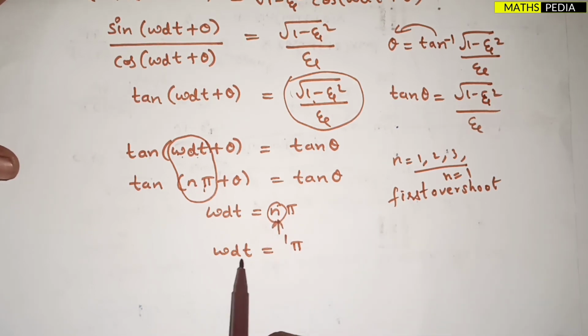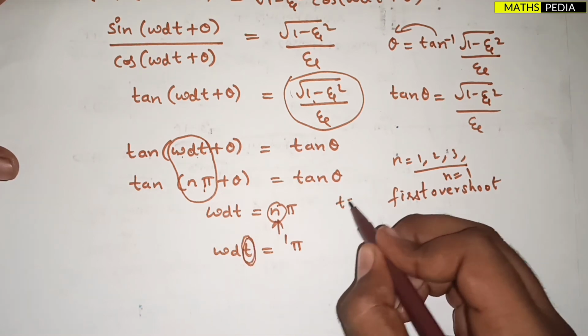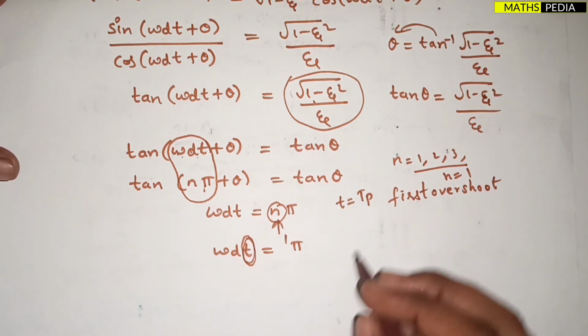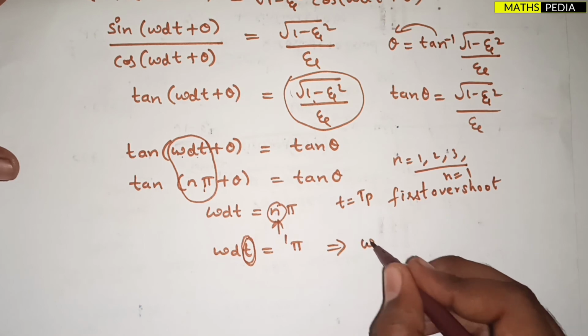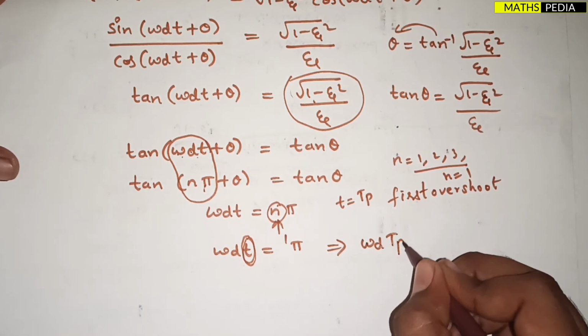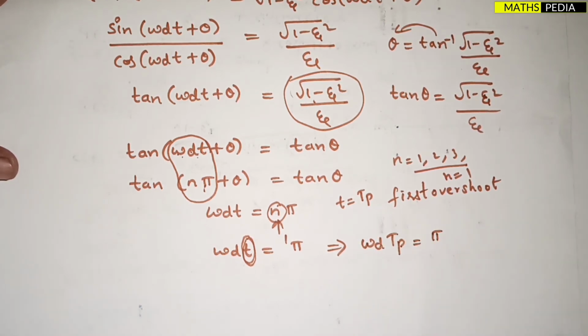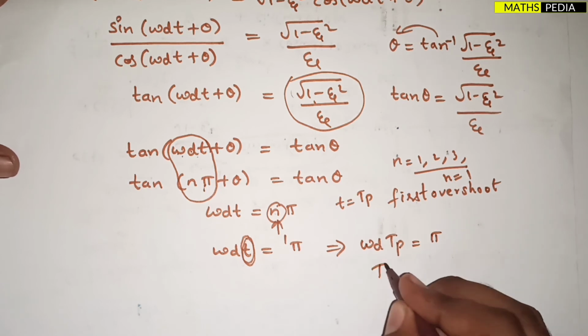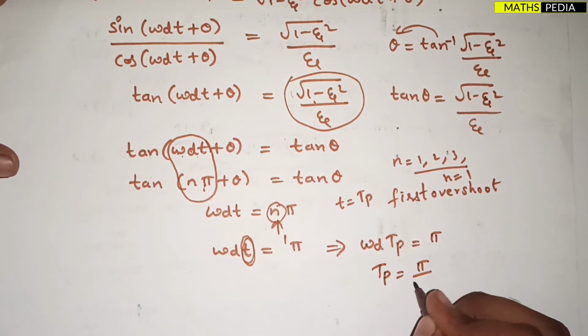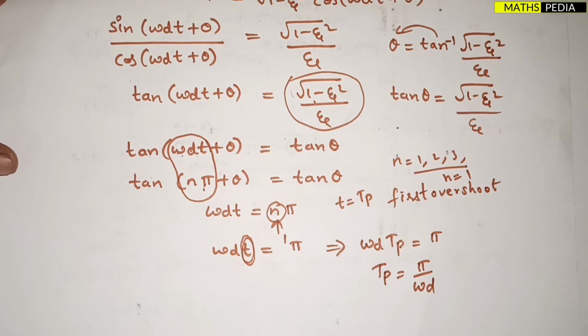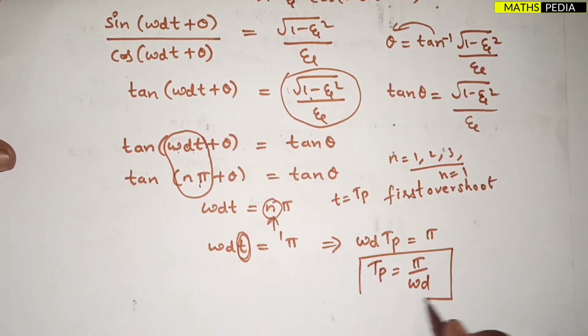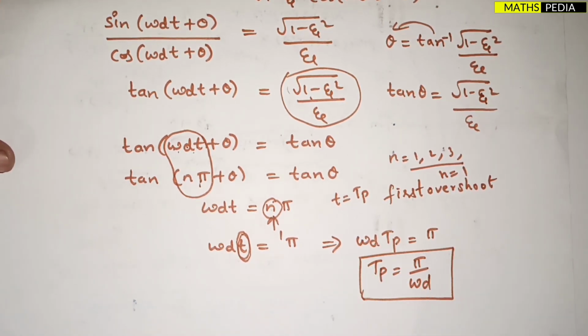Now next thing, as I said before, we have to replace t with Tp. T is equal to what? Tp. So what will happen? Omega d Tp is equal to pi. So from this, I can write Tp is equal to pi by omega d. Correct? So this will be the final formula for Tp, or in other words, you can write pi divided by omega d, and what is the omega d formula?